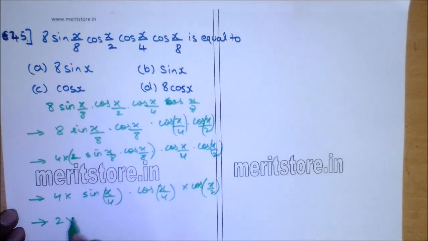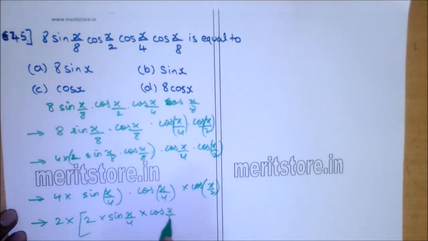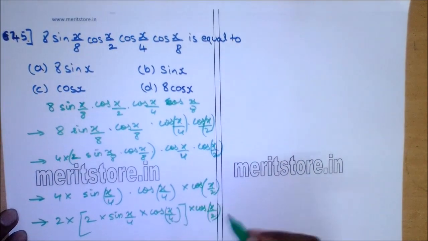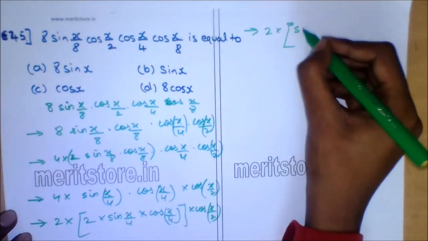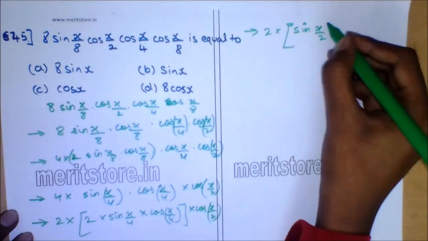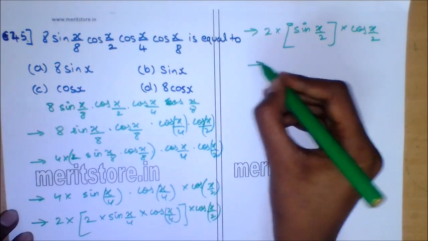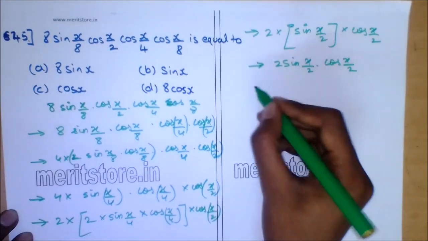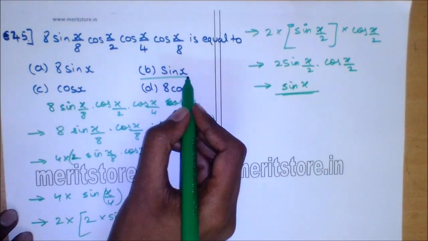Again this can be written as 2 into 2 into sine x by 4 into cos x by 4 into cos x by 2. Again this is 2 times sine of x by 2 into cos of x by 2. So this is 2 sine x by 2 cos x by 2, which gives sin x. So the answer is option B, sin x.